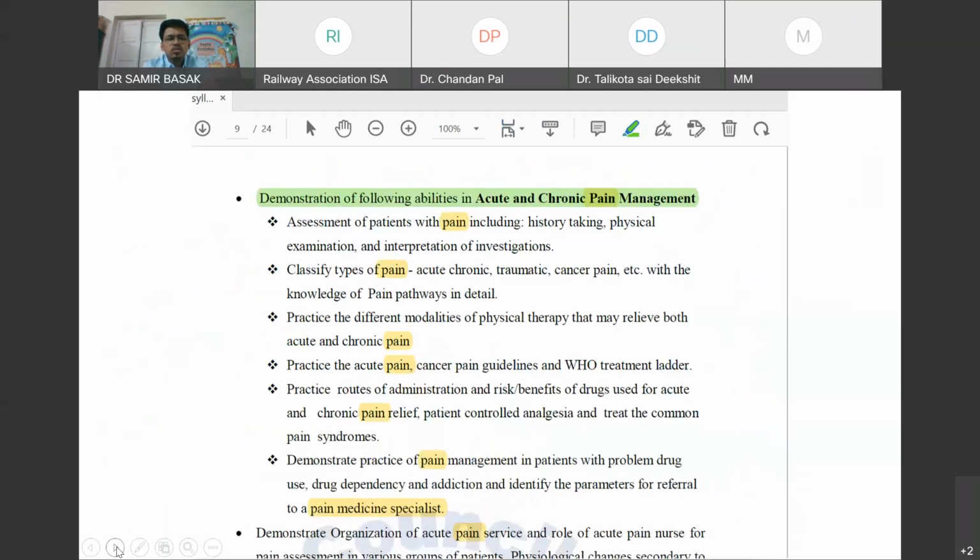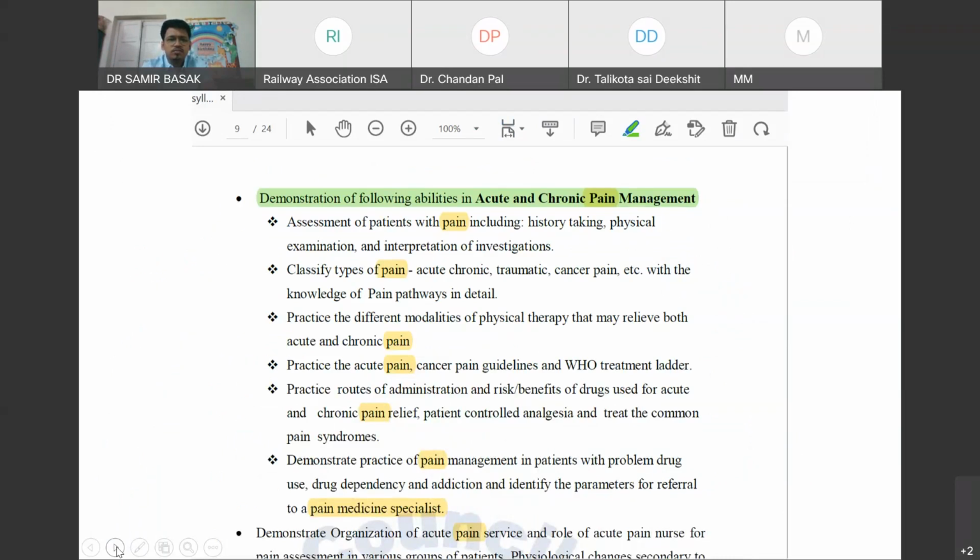When we go to page number 9, there is the demonstration of acute or chronic pain management. You should know how to assess a pain patient, from the history to physical examination to interpretation. Then the classification of types of pain: acute or chronic, traumatic, non-traumatic, cancer, non-cancer, with detailed knowledge of the pain pathway.